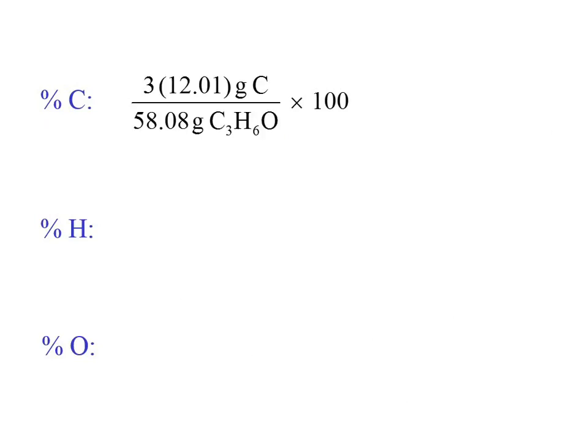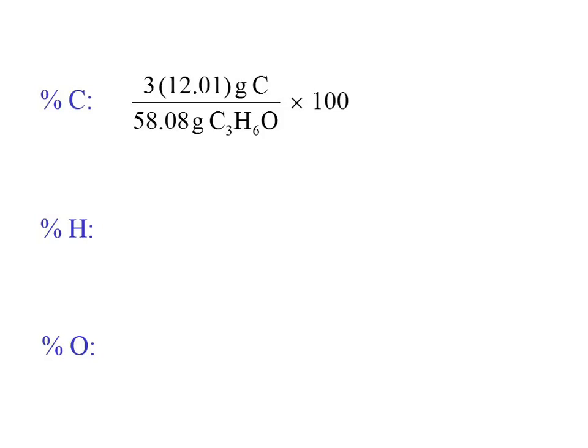So for carbon, we take 3 times 12.01 grams of carbon divided by 58.08 grams of C3H6O. That's actually a mass fraction, or weight fraction.